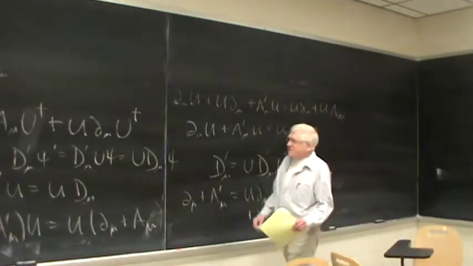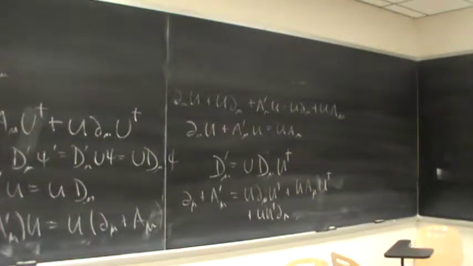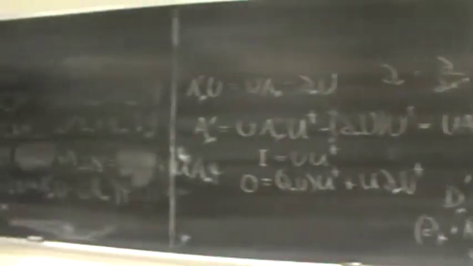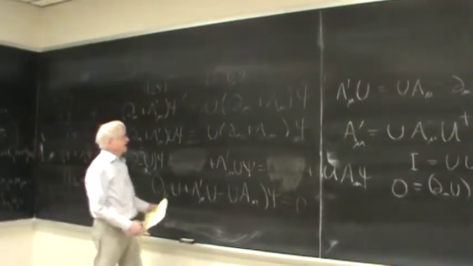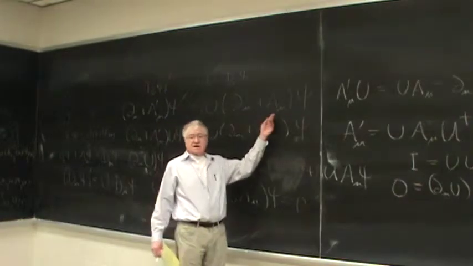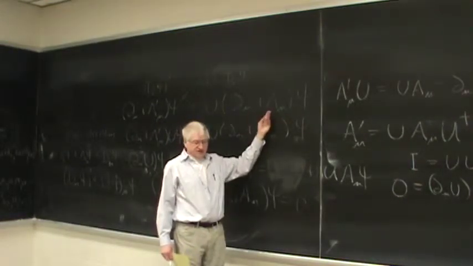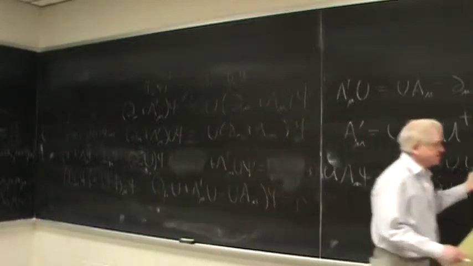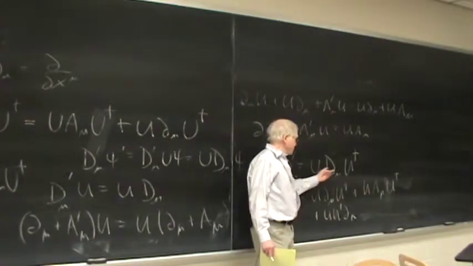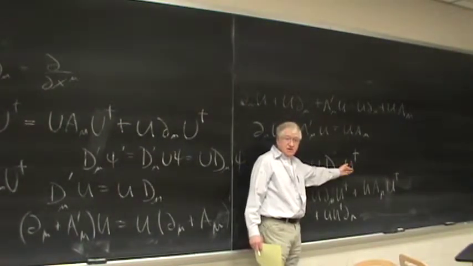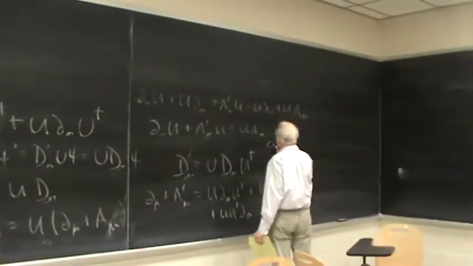Something about nomenclature. When Yang and Mills introduced this thing, this derivative transforms how? It transforms covariantly. That is to say, it transforms as U D mu U adjoint. So this is said to be the covariant derivative.